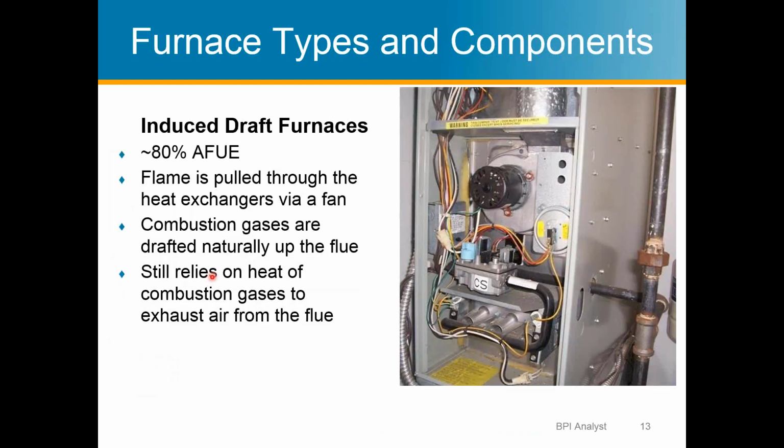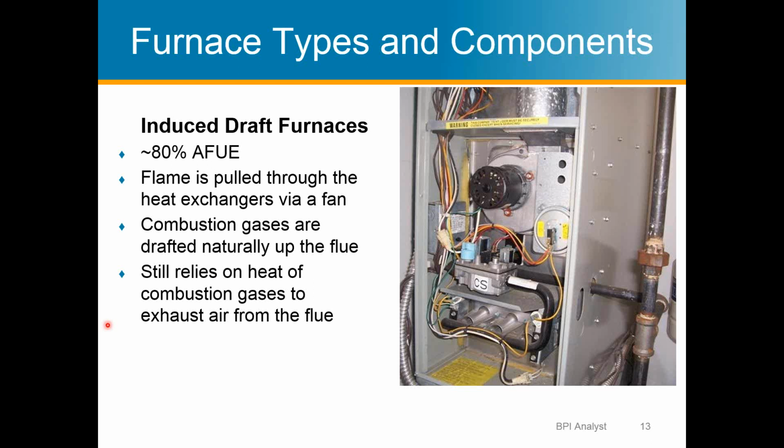And then induced draft furnaces, this is kind of the minimum efficiency that anyone would install today in a system or in a house. They're usually around 80%. Again, they suffer from the same problem that you can't take too much heat out.